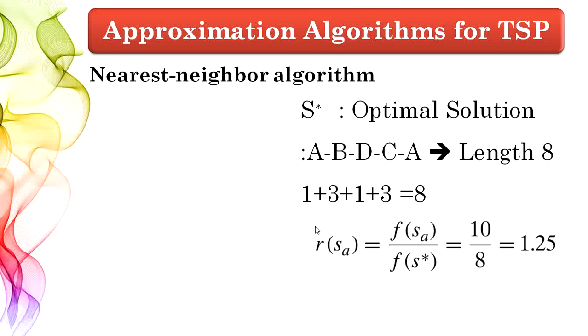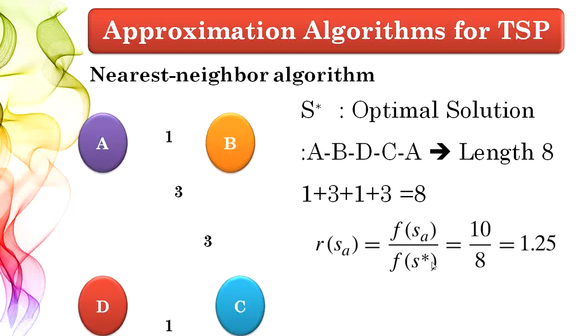So apply the exhaustive search for this same problem, and you will get the optimal solution, because we need to find the accuracy ratio for the given problem. The formula for accuracy ratio is R of SA is equal to F of SA divided by F of S star. Here F of SA is our approximate solution and F of S star is the optimal solution.